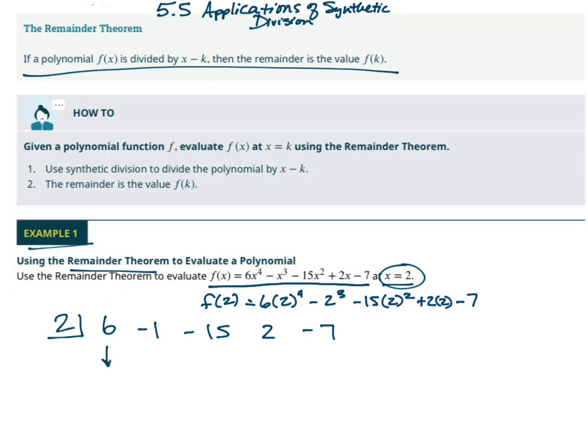Now we drop the 6. 6 by 2. -1. 11 by 2. -15. 7. 7 by 2. 14 plus 2. 2 by 16. 32 minus 7. 25.